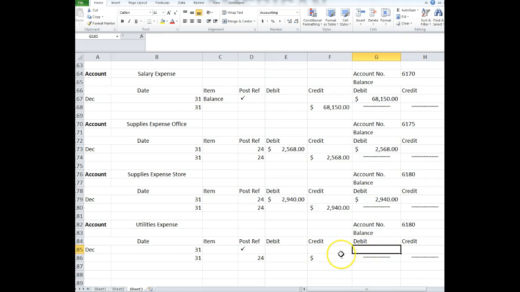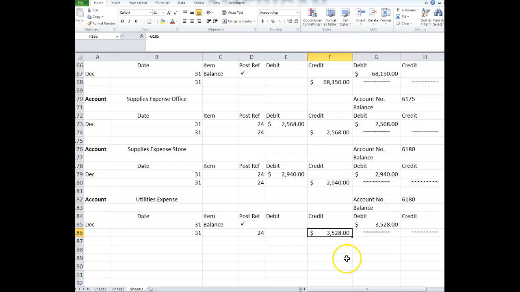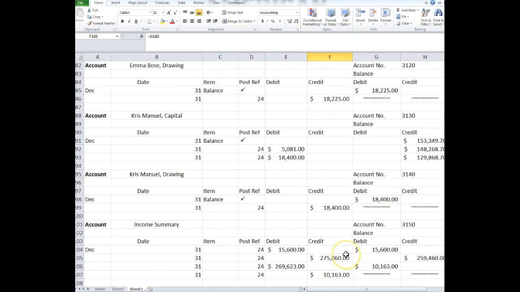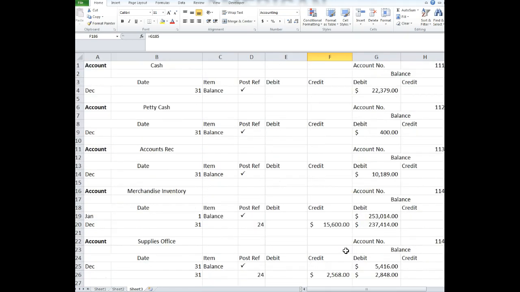It has a balance of $3,528. So then we credit it to cancel it out, and that is our general ledger.